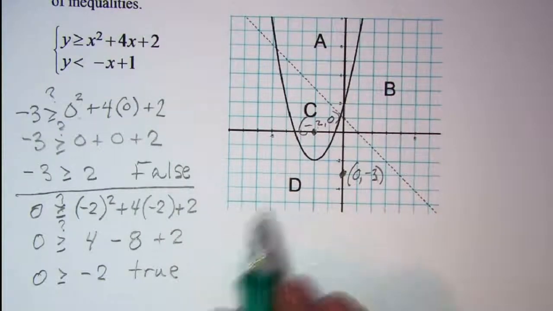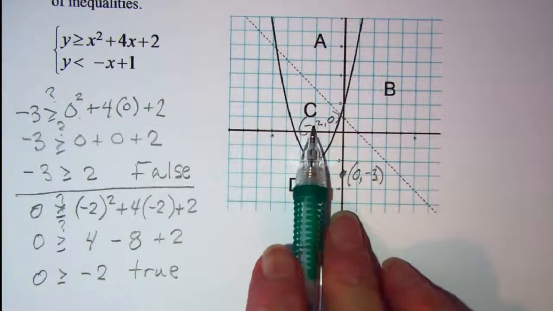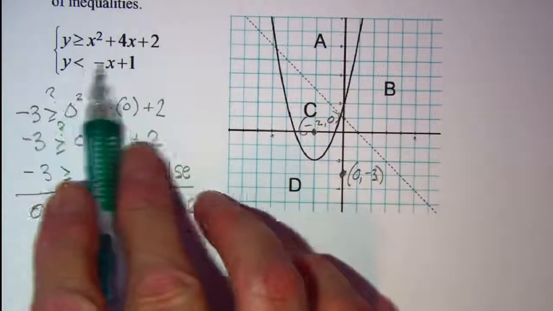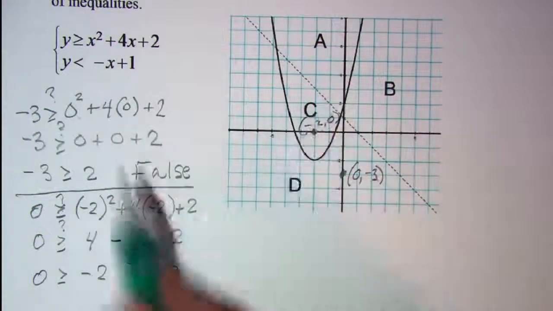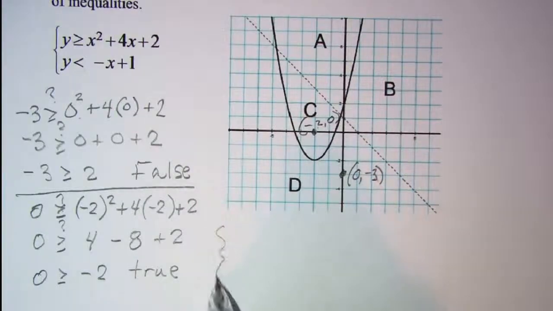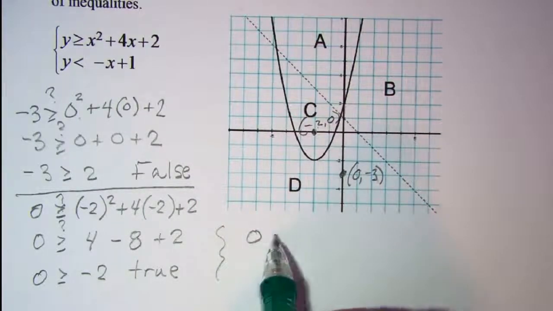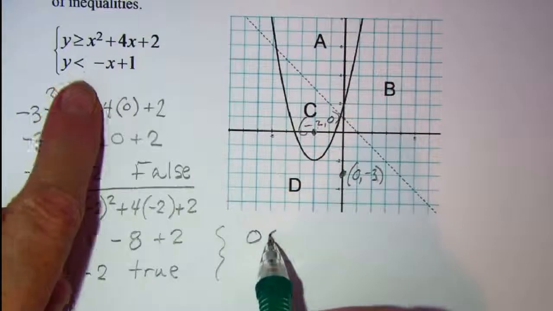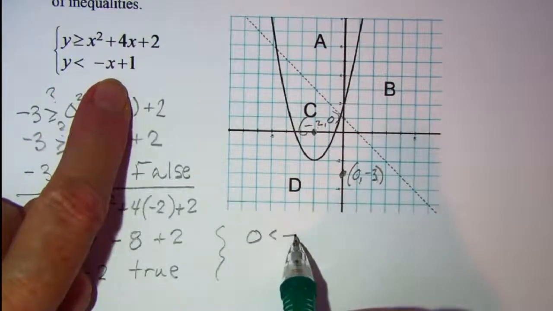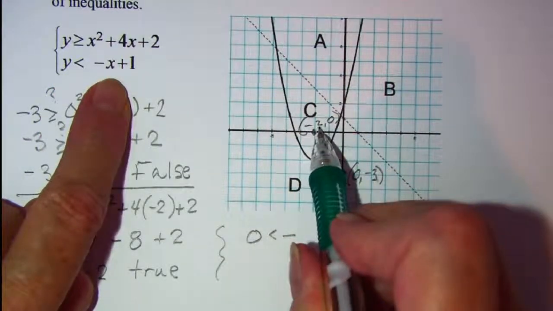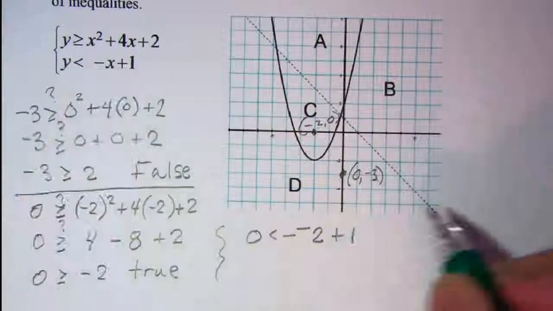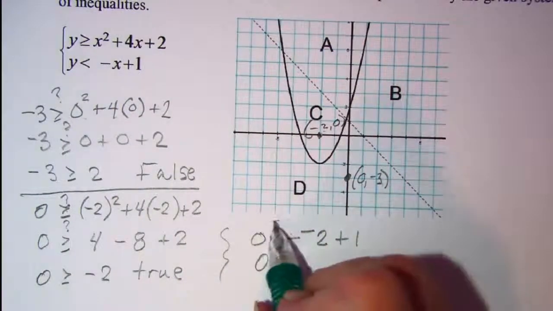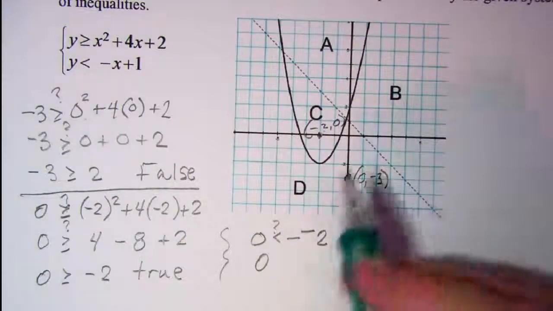Right. Now let's check that point with our other inequality. y is 0. So we have 0 is less than negative x plus 1, and x is negative 2. We don't know if that's true yet, so question mark.